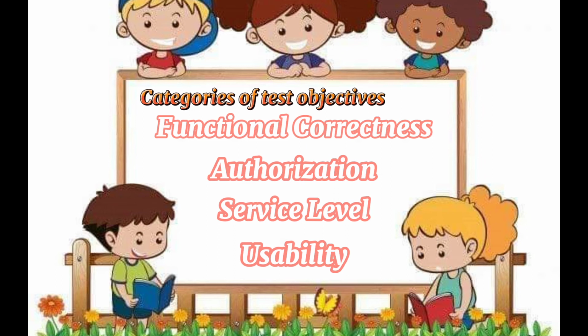So the validation that the application meets required levels of usability. So the list of the required training level and user key performance indicators. So these are the categories of the test objectives, as the testing team, development team, and the business unit agree upon the list of test objectives and their priority.